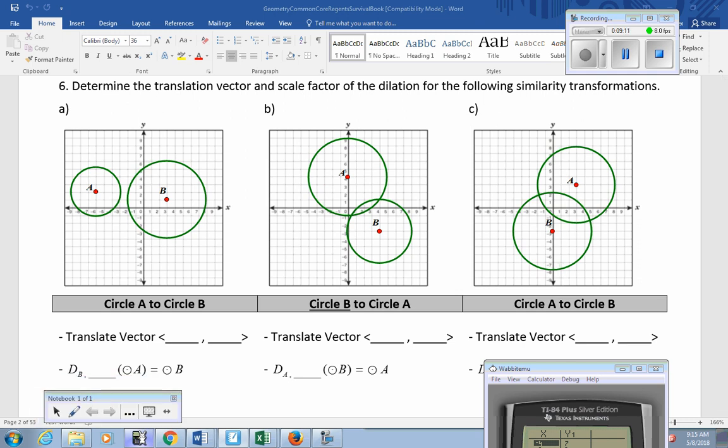What we need to figure out is how to get the first circle to exactly fit on top of the second circle. So we need a translation vector, they call it. We're going to move it based on the distance from A to B. So in this case, I'm going to have to go over 9 spaces to the right. So I translate it 9, and then down 1, which would be -1.